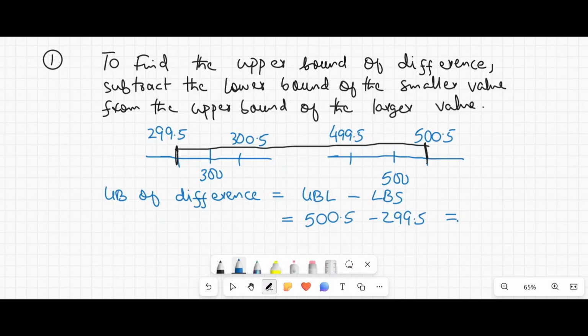The 0.5 will cancel, and in the end you will get 201 millimeter. So this is our upper bound of the difference.